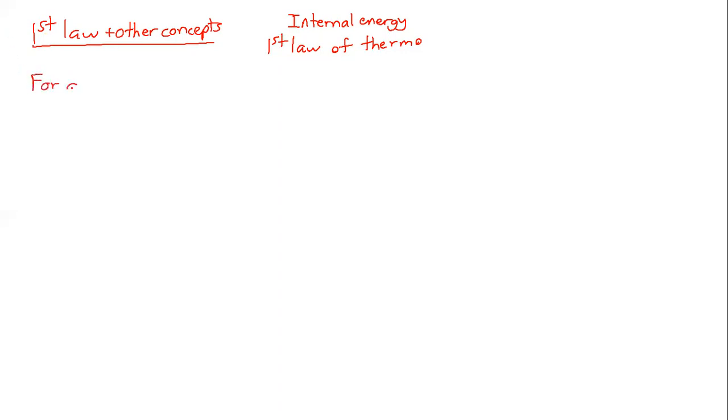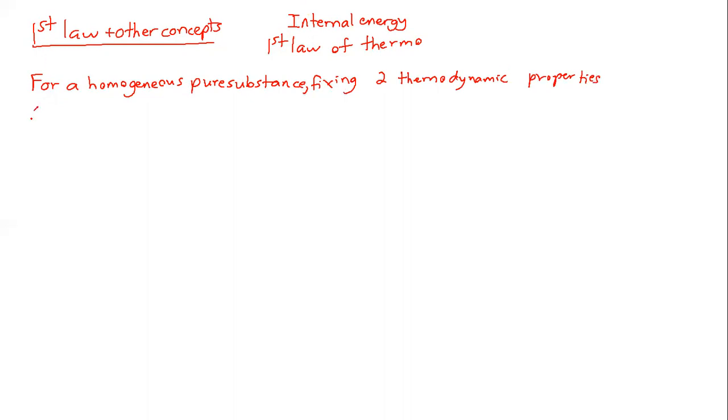For a homogeneous pure substance, fixing two thermodynamic properties, for example, temperature, pressure, specific volume, so density here, which is the volume per mole or per mass, fixes the others and determines the thermodynamic state.